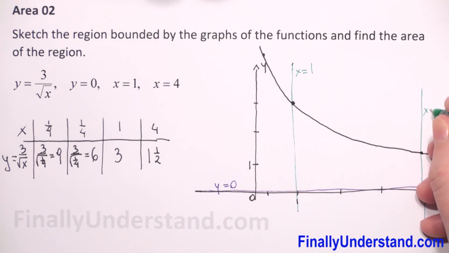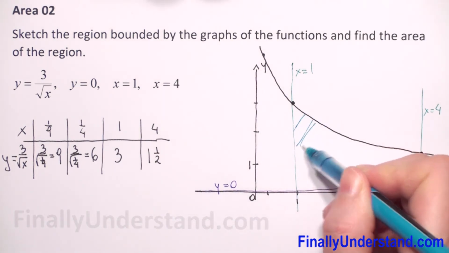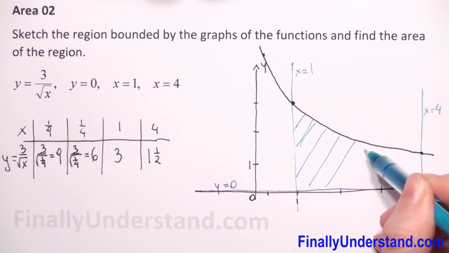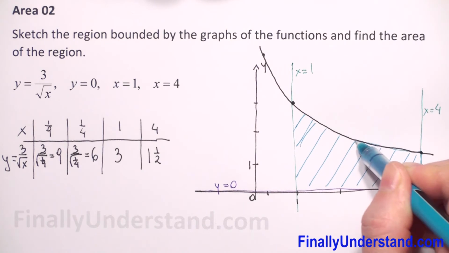This is x equals 4. So we got the area between these 4 functions. This is our area which we have to find.